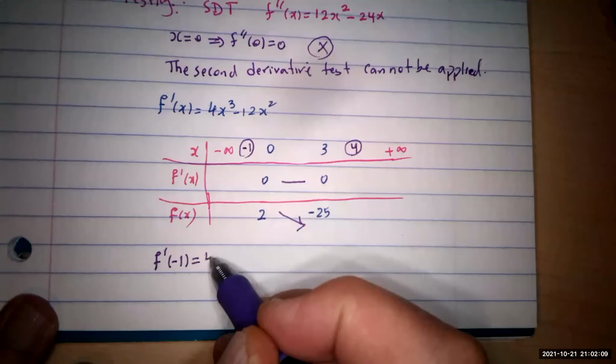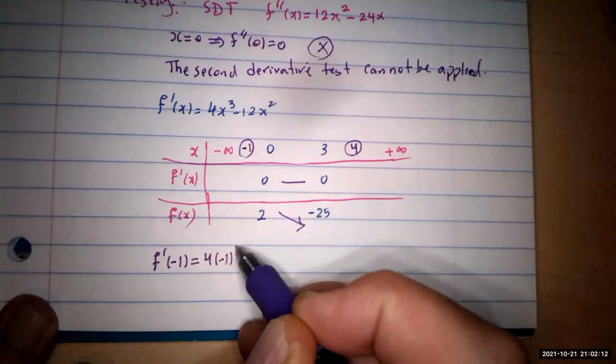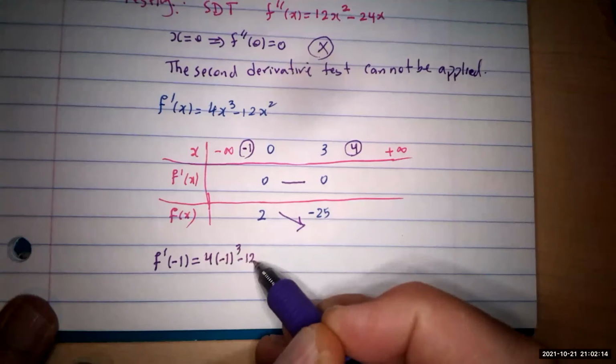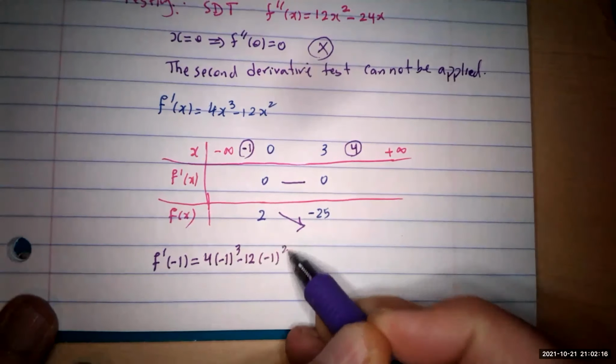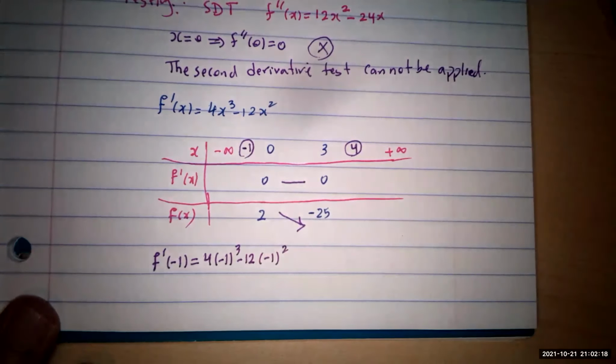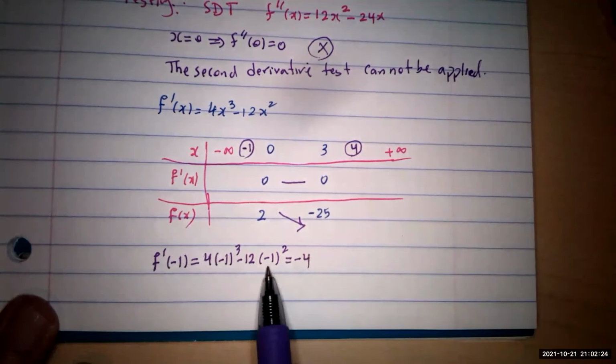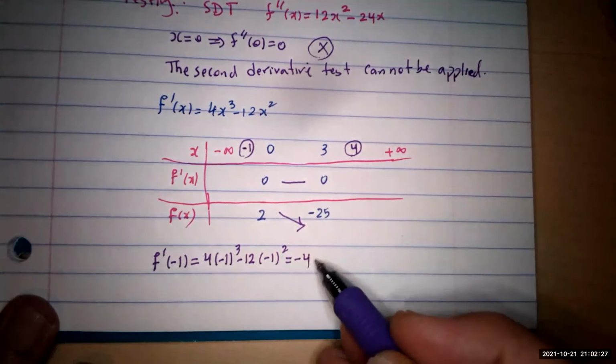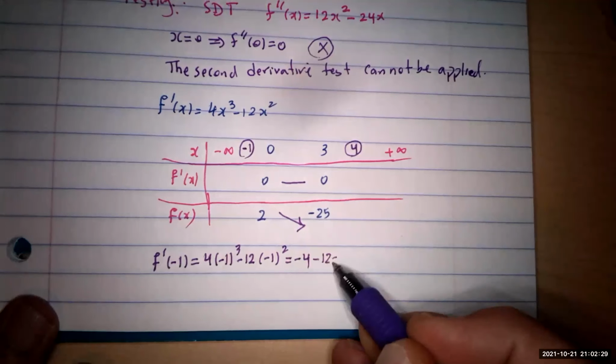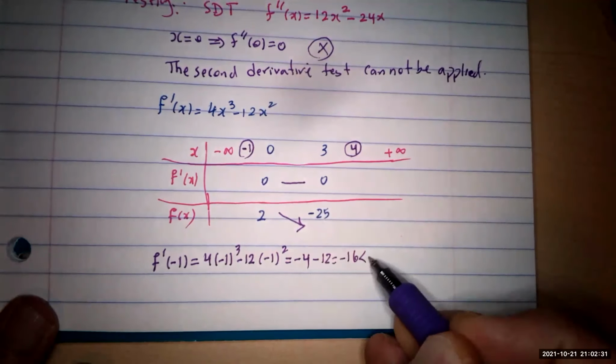That gives you 4 times -1 cubed minus 12 times -1 squared. -1 cubed is negative, so that gives -4. -1 squared is positive, so that gives -12. So that would be -16.